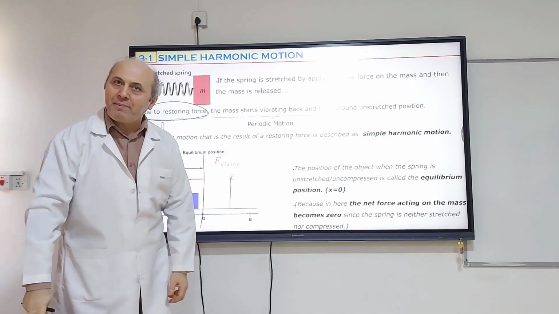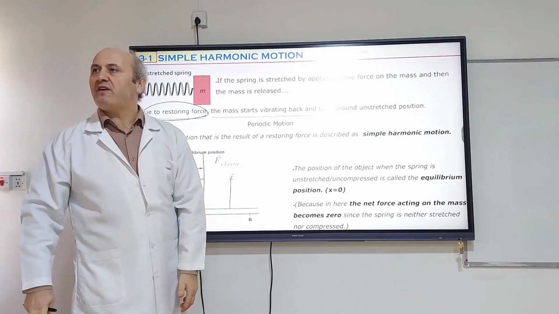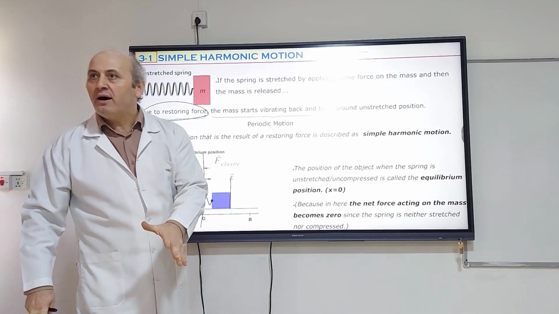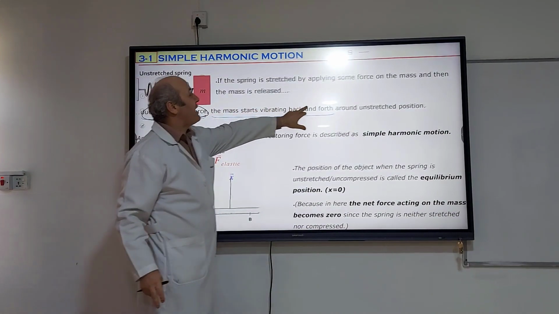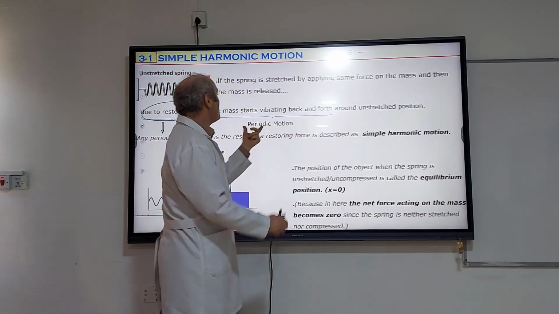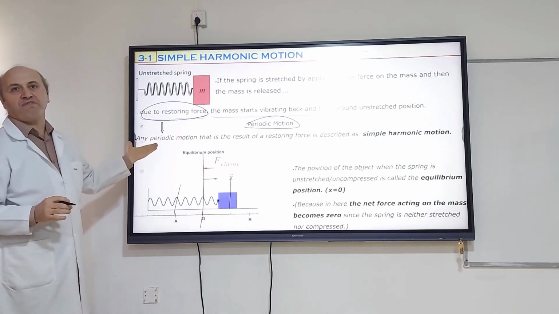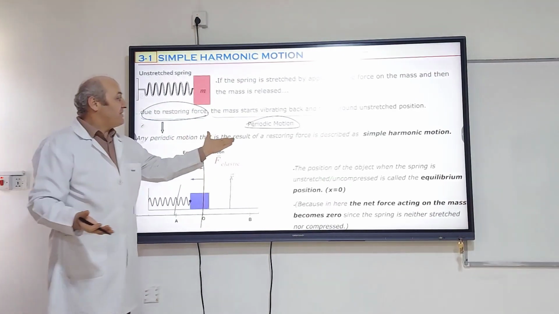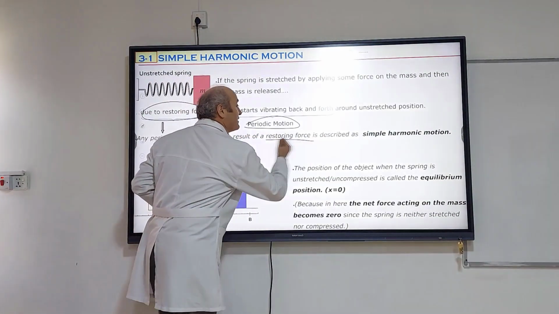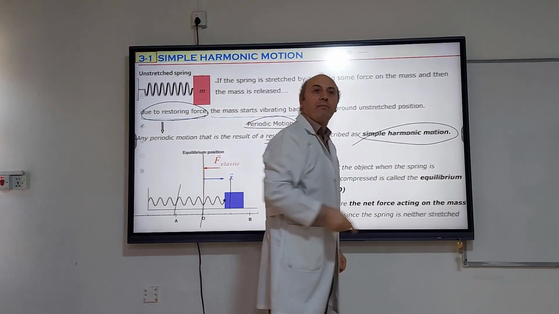If a vibration is due to a restoring force, then we can name this vibration simple harmonic motion. So due to the restoring force, the mass starts vibrating back and forth around the unstretched position. This periodic motion is named simple harmonic motion. Here is the definition: any periodic motion, a repeated motion, that is the result of a restoring force is described as simple harmonic motion.